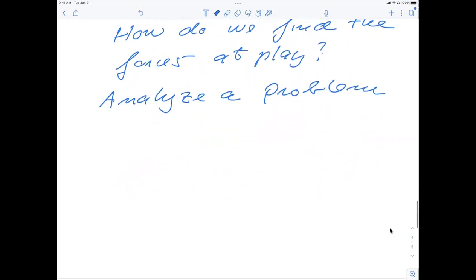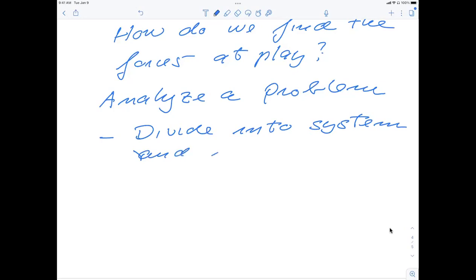So the first stage is to divide the system into the specific system and the environment.